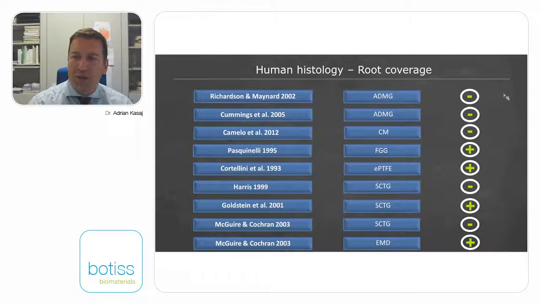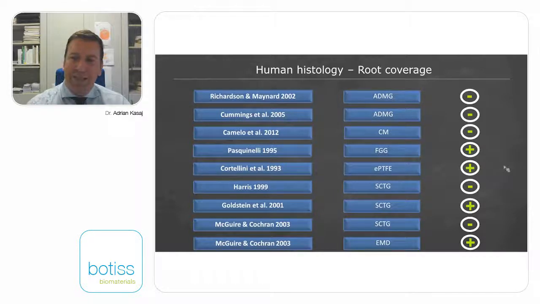Both showed no signs of regeneration, so healing was characterized by long junctional epithelium and connective tissue adhesion without any signs of regeneration. Also, this case report by Camelo and co-workers looking at the histological outcome following the use of xenogenic collagen matrix, also showed a reparative type of healing.